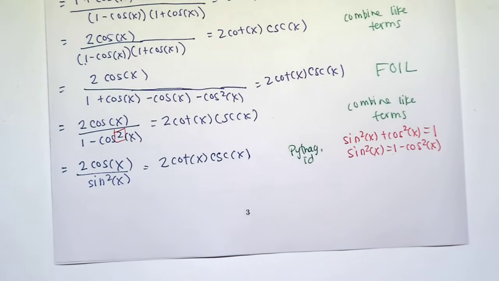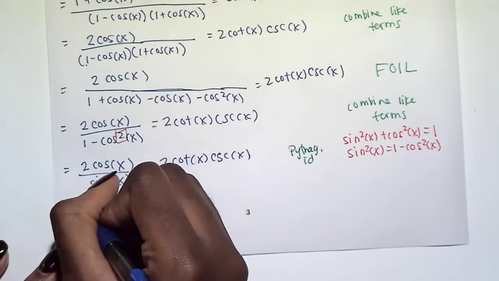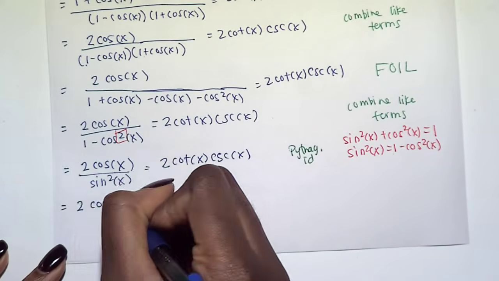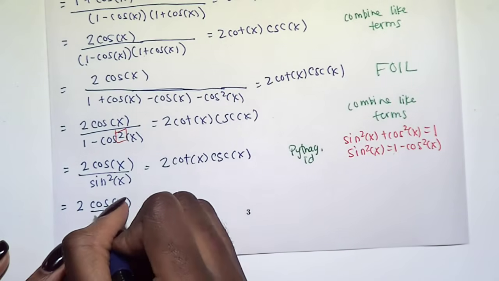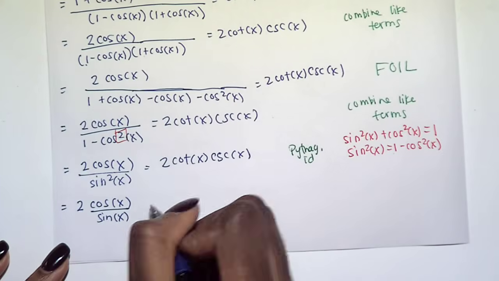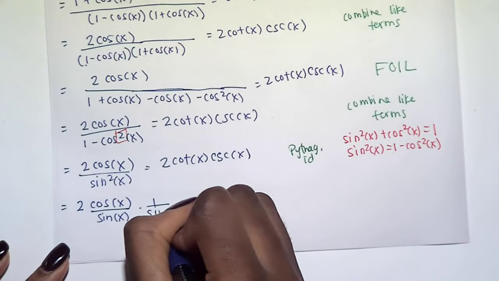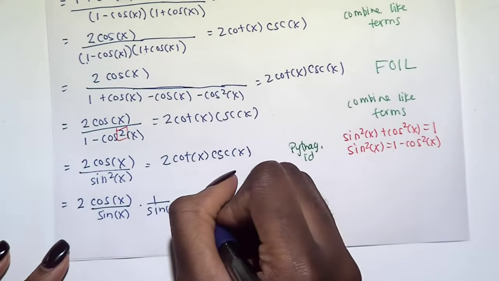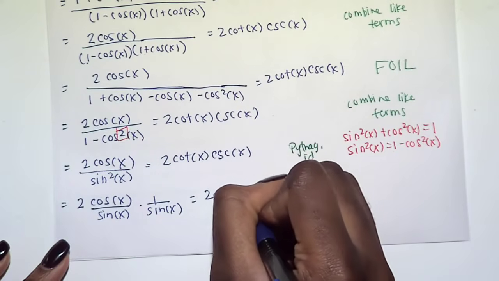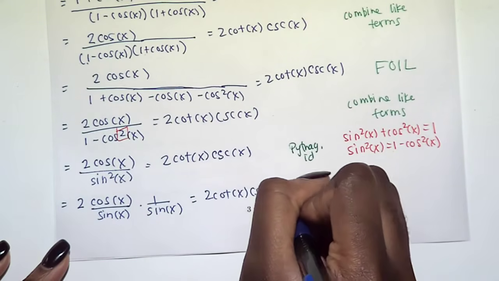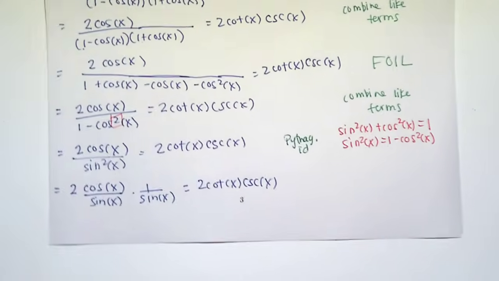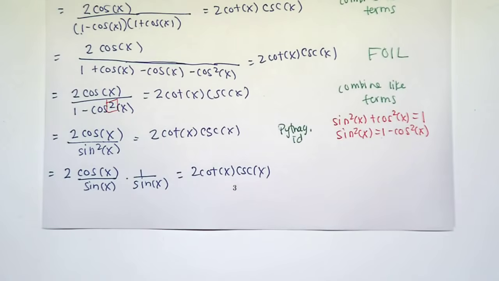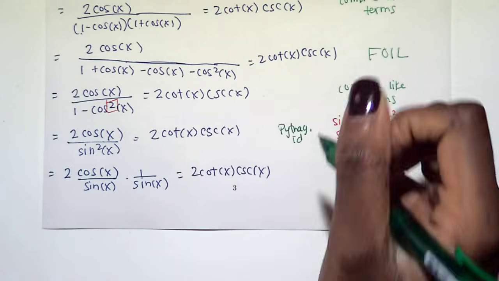All right, and then last thing, I just need to split up this fraction. So we got cosine x on the top, and we got a sine x on the bottom, and another sine x on the bottom.